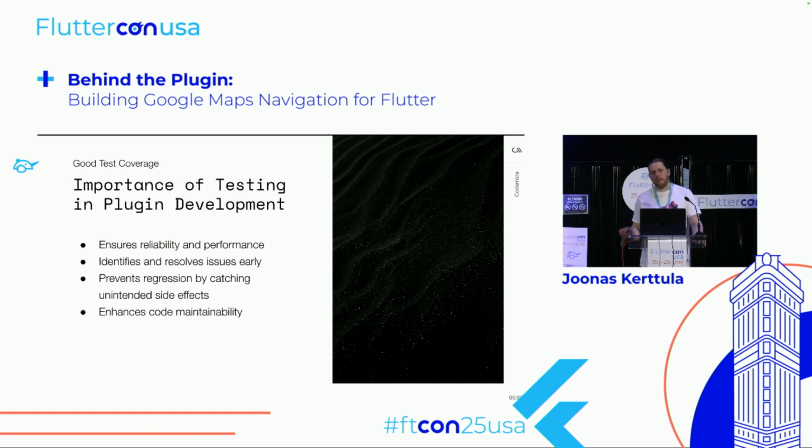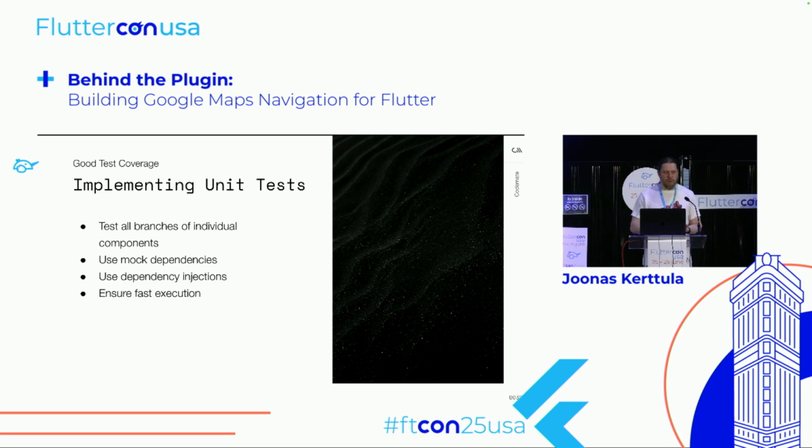For example, if new SDK update is coming from official update or any dependencies update, we instantly see if it's working or if it's not after the update. So it prevents regression quite a lot. And also it enhances the code maintainability.